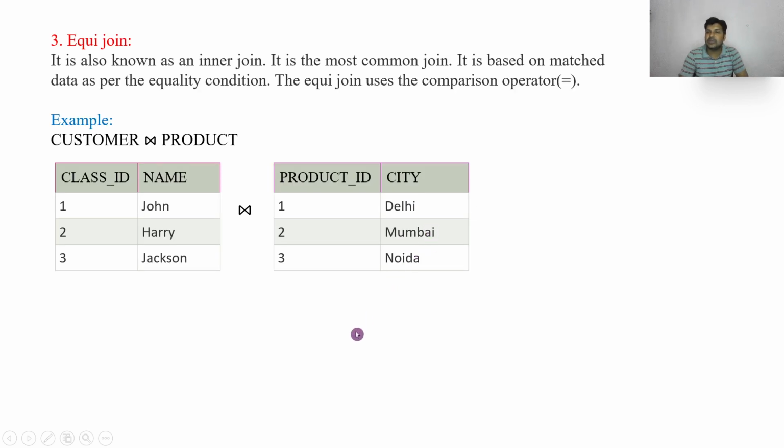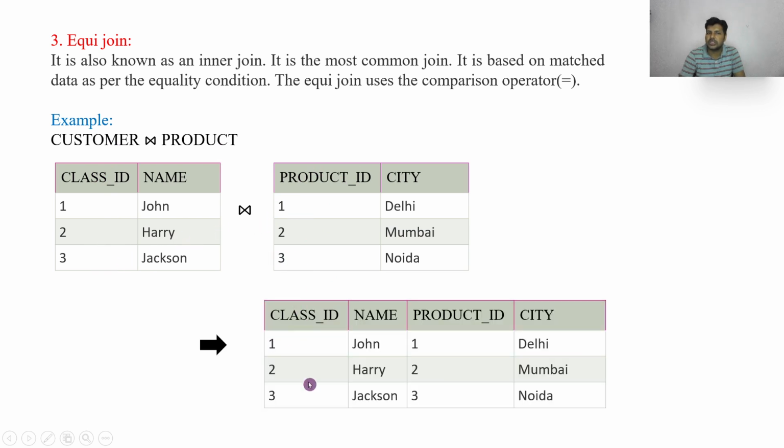Okay. Next comes equijoin. Equijoin is also called an inner join. We use the equal to symbol in the equijoin. It only shows rows where the values of the different columns are matched. For example, class ID and product ID should match. I will say customer class ID equals product ID. So class ID 1 matches 1, 2 matches 2, 3 matches 3.